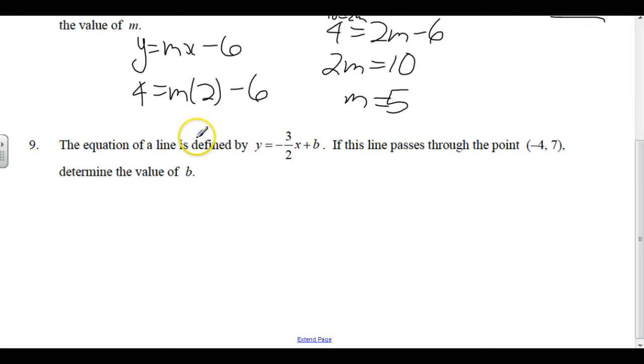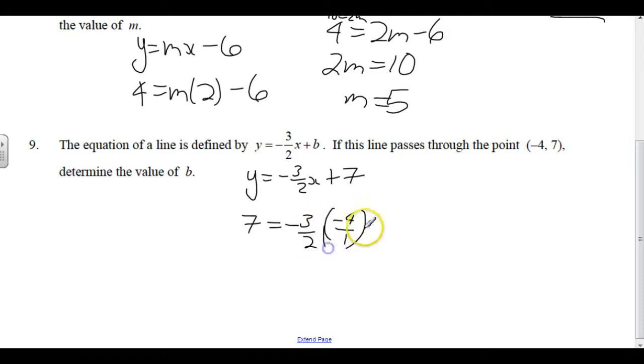The equation of a line is defined by negative 3 halves x plus b. If the line passes through the point negative 4, 7, then determine the value of b. Okay, so here's our formula. We know that y is 7 when x is negative 4, now since it's a fraction, I'm just going to write it as negative 4/1, right?